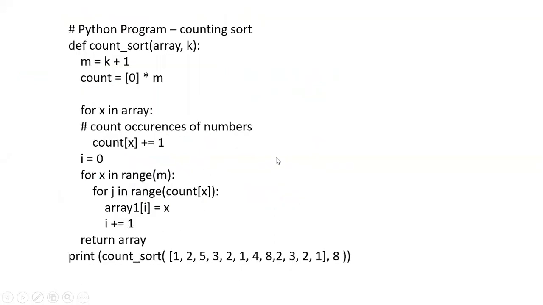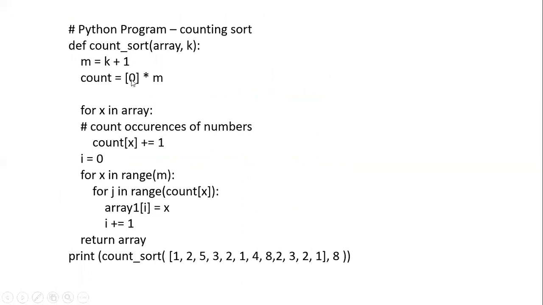This is the Python program for the second implementation. It's very easy to trace. We call the count sort function, passing to it the array and the maximum element in the array, which is 8.